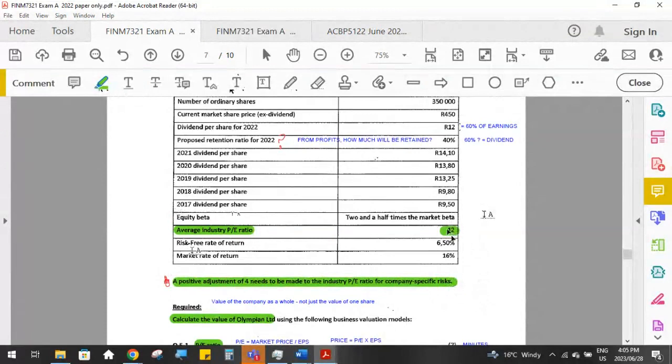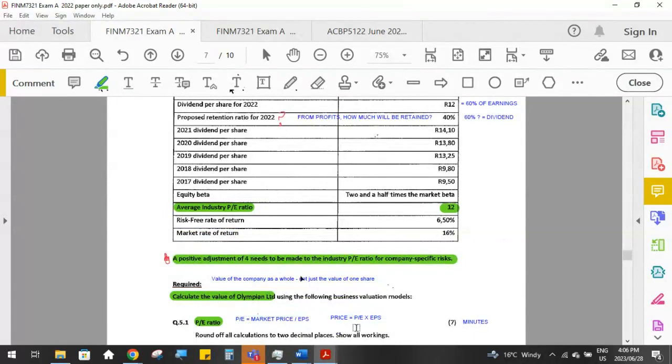Okay, so that 12 is the industry average. We must increase that, a positive adjustment, increase it by 4 for this company's specific risk. So we then have worked out that the PE ratio for this company is 12 plus 4 equals 16.